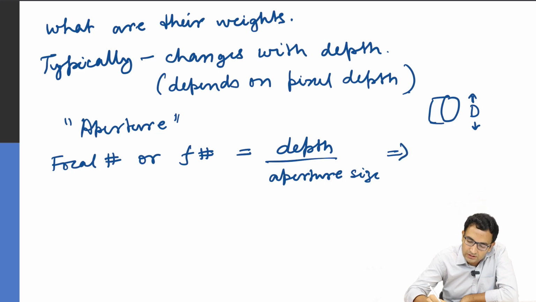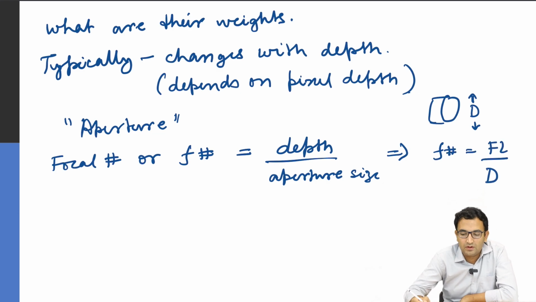Because this transducer has a fixed focal length, F number is defined as focal length divided by aperture diameter, which is d, right? But here in our case, we can change the focus because we have an electronic array. So we are defining focal number as depth by aperture size.